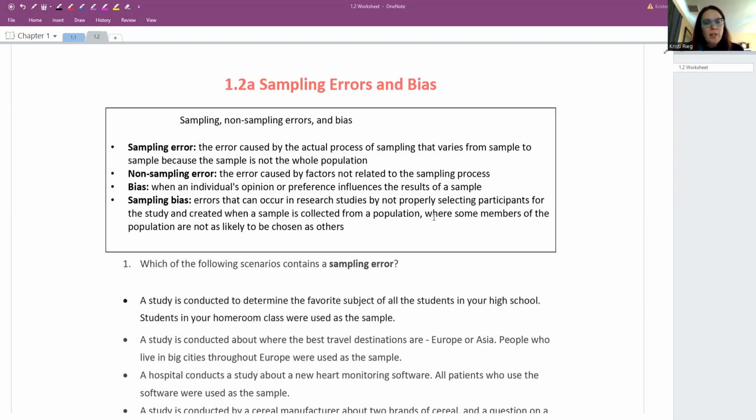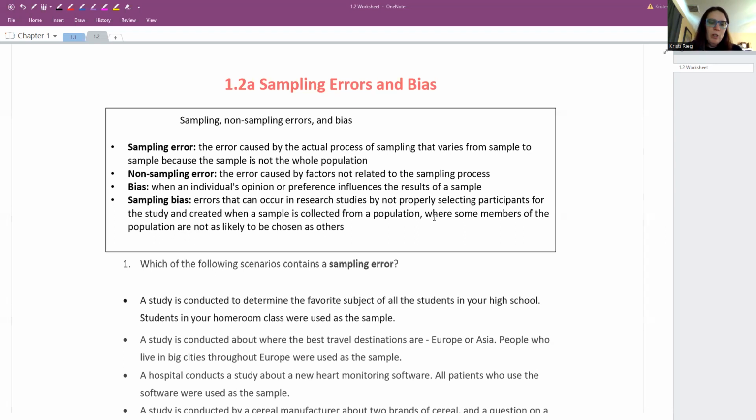We talked in the last video how the sample is something that we choose that represents the whole population, but we typically don't survey the literal entire population, especially when we're talking about something like the population of the United States. If the population is your immediate family or your classroom, that's manageable.